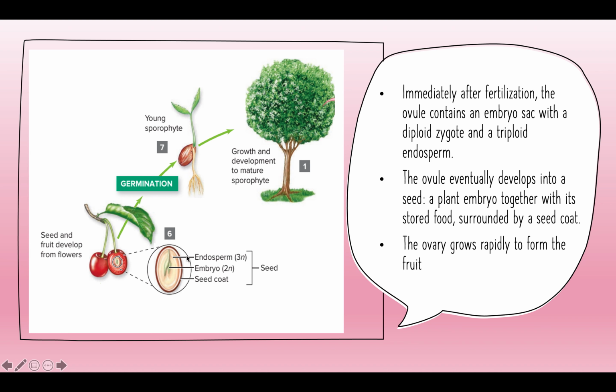So this is the seed, which has developed from the ovule. On the other hand, the ovary will grow rapidly to form the fruit. And the fruit protects the seed for it to succeed in reproduction.